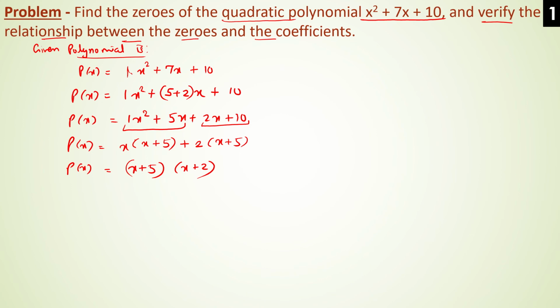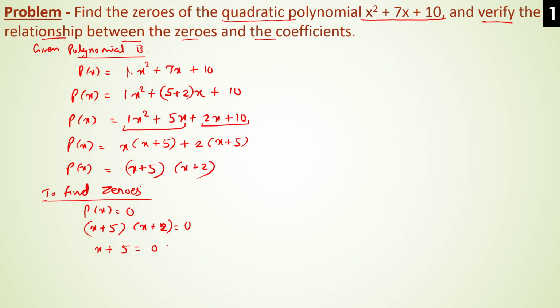Since we have to find zeros, we will put P(x) equals 0. So (x plus 5) into (x plus 2) is equal to 0.